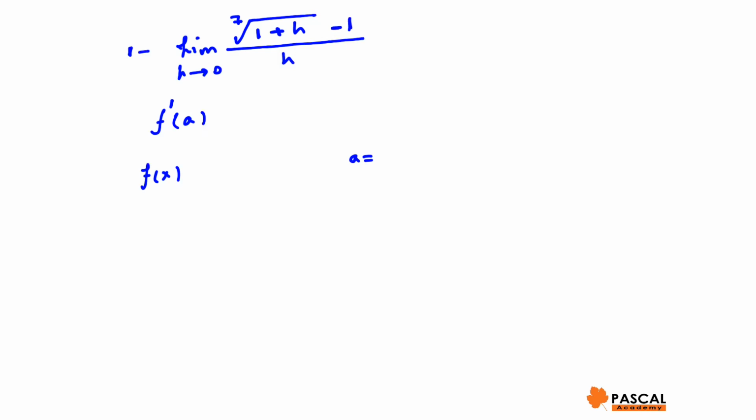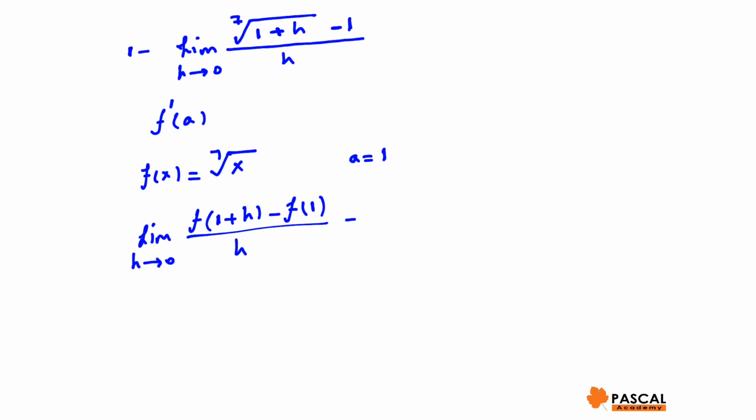If we consider f of x equals the 7th root of x at x equals 1, the limit of f of 1 plus h minus f of 1 divided by h as h approaches 0 would be the same as the limit of the 7th root of 1 plus h minus the 7th root of 1 divided by h as h approaches 0.